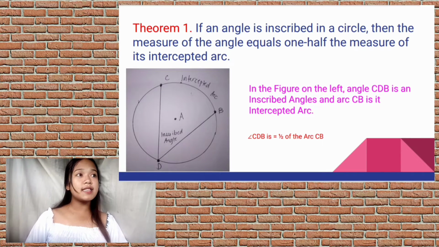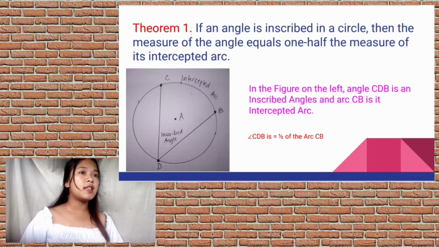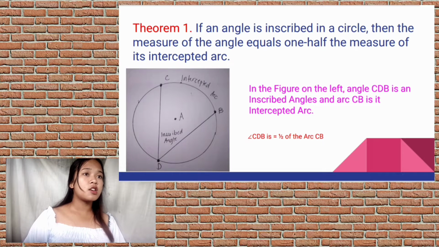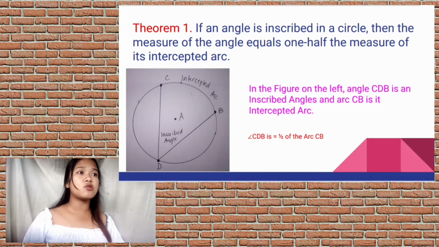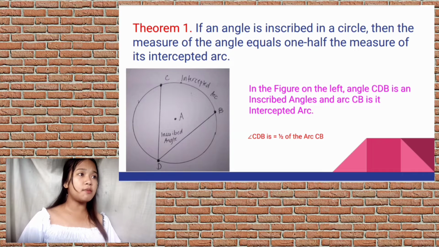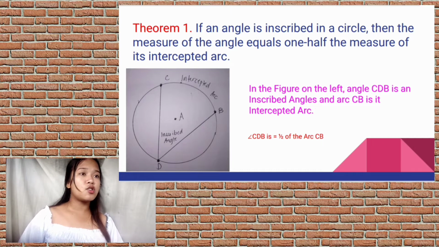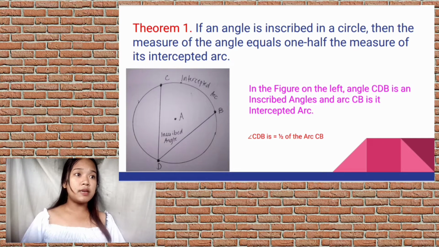Theorem 1. If an angle is inscribed in a circle, then the measure of the angle equals 1/2 the measure of its intercepted arc. So angle CDB is the inscribed angle, then arc CB is the intercepted arc. So angle CDB is equal to 1/2 of arc CB.